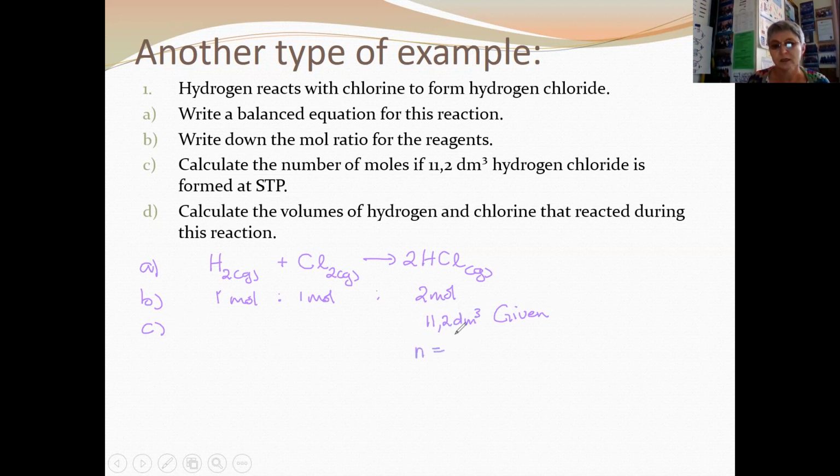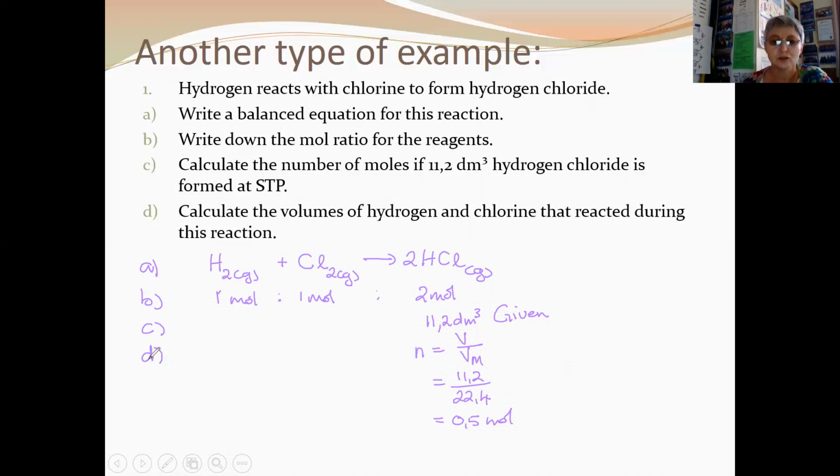Number of moles is volume over molar volume, which is 11.2 over 22.4, which gives us 0.5 moles of hydrogen chloride. D asks us to calculate the volumes of hydrogen and chlorine that reacted during this reaction.